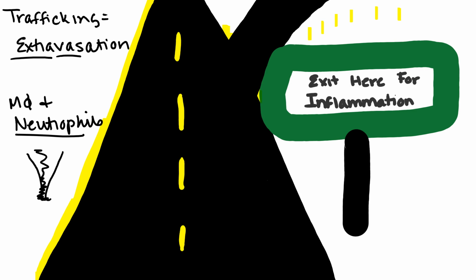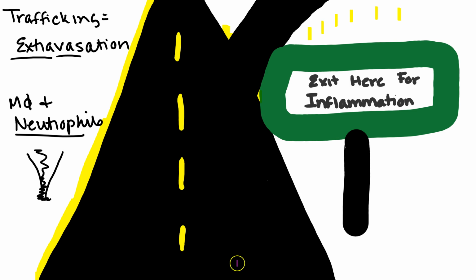How cells actually get to the site is one of the most fundamental things you'll need to understand about pathology and immunology. How do white blood cells get out of the blood vessels and into the tissue? In the normal state, cells are in the bloodstream and they're running down a highway, much like the example I was just giving.